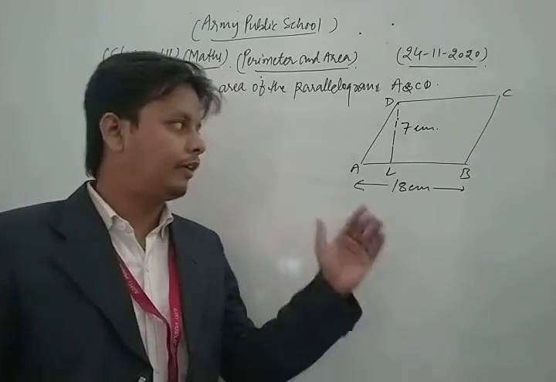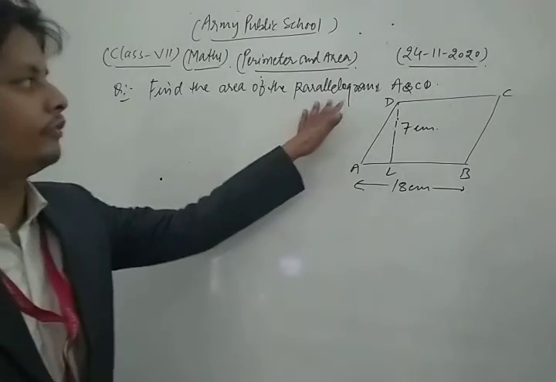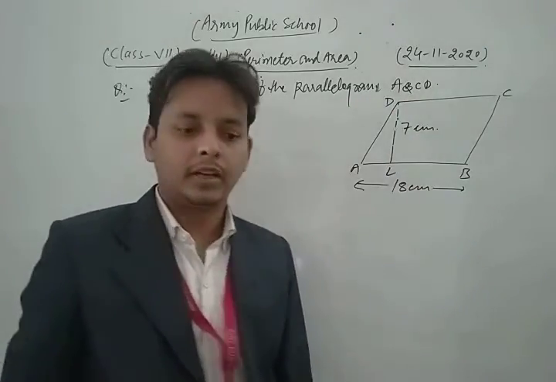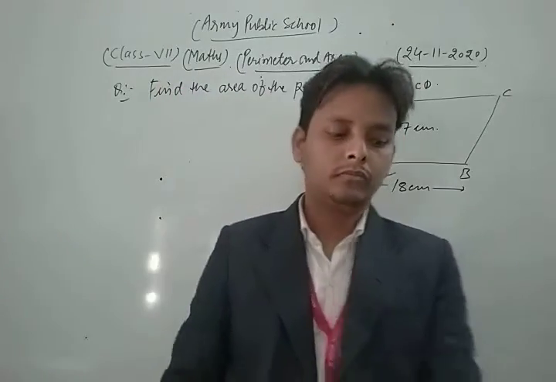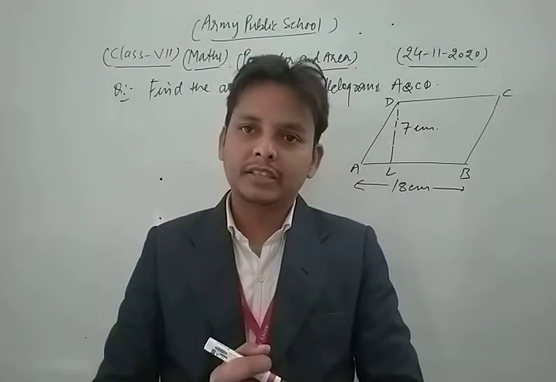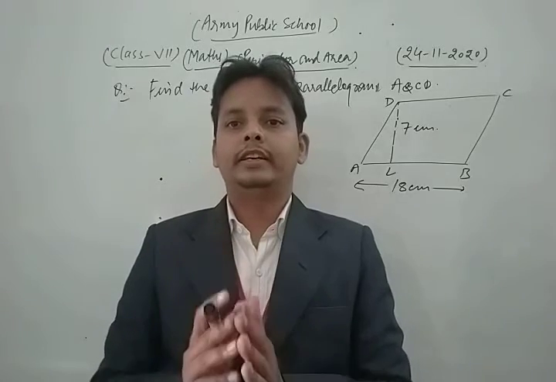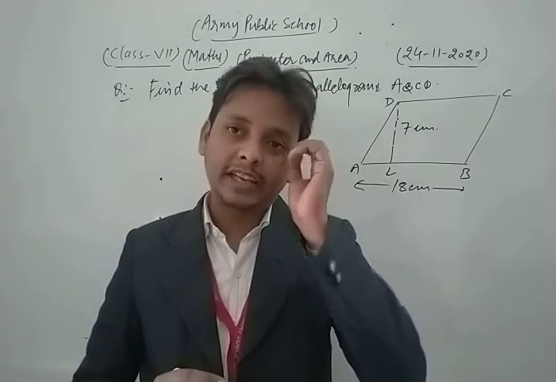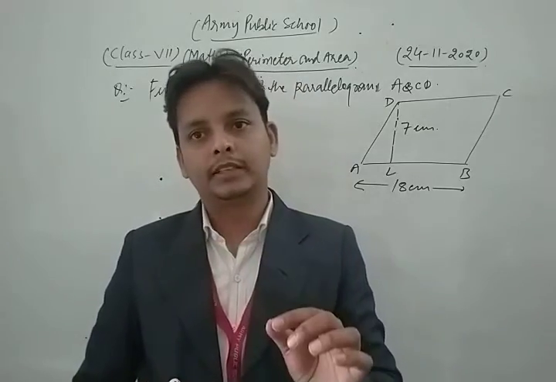And dear students, we find the area of the parallelogram ABCD. Okay, dear students, in the previous class we already discussed some important formulas related to the parallelogram. We discussed that the area of a parallelogram is base into height.